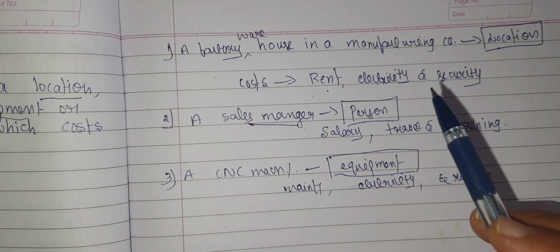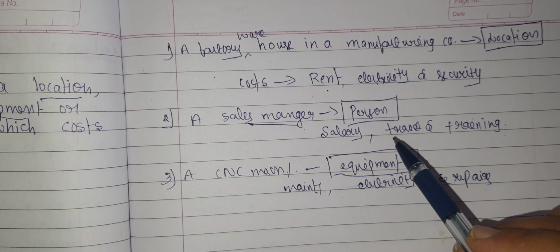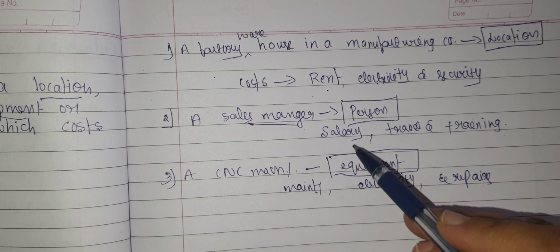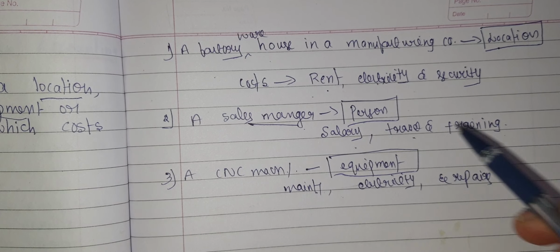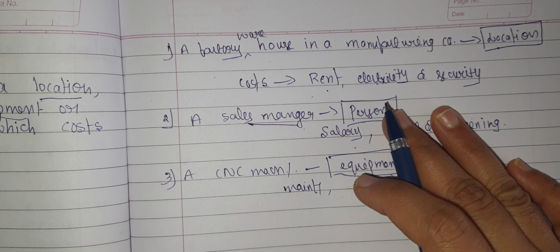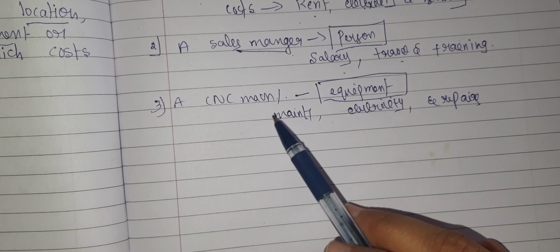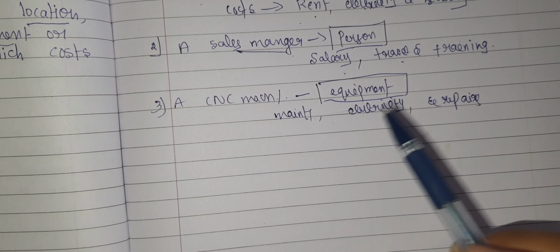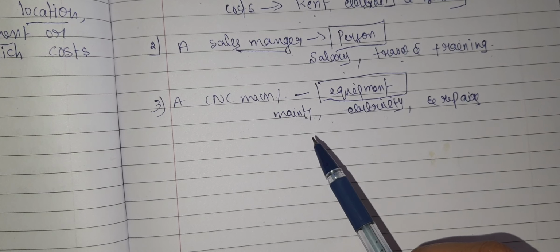It can be a person based cost center. Here the company tracks expenses related to their salary, traveling expenses and any training expenses. And the third example is a CNC machine, that means a computer numerical control machine in an automobile factory.